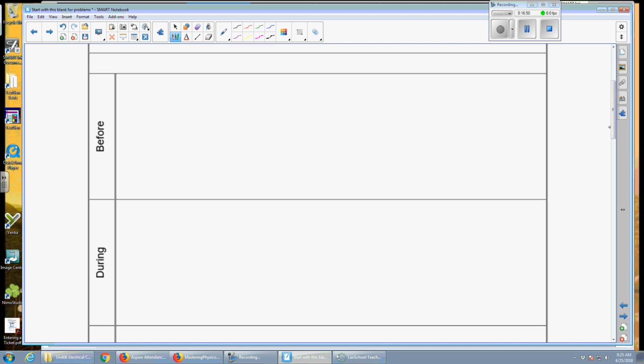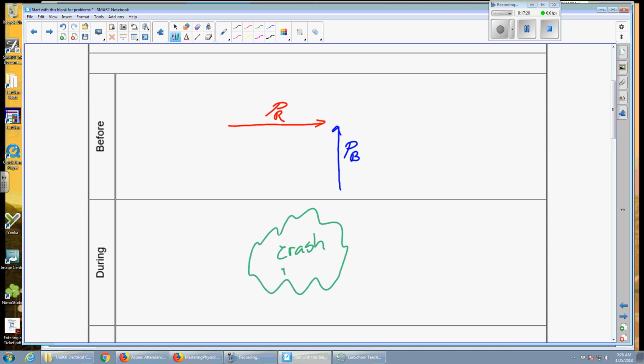So beforehand, we have the momentum of the red going east, and the momentum of the blue going north, right? And then crash. See. Inelastic.